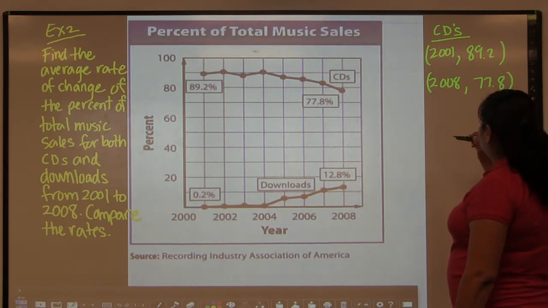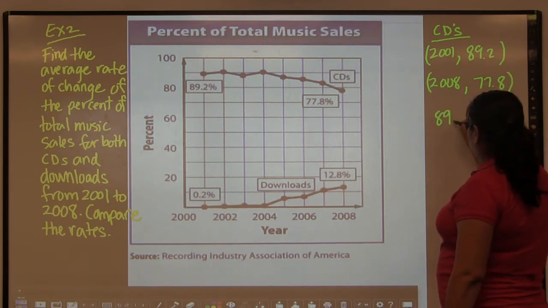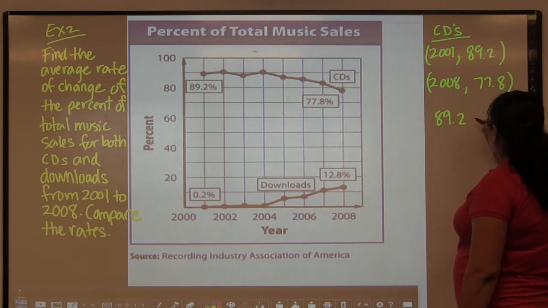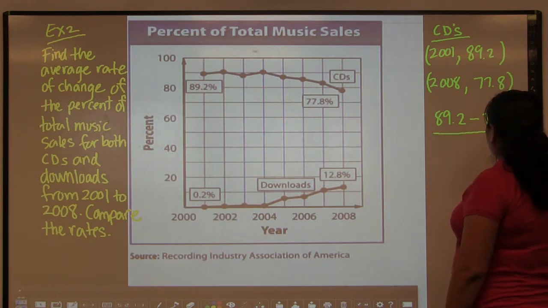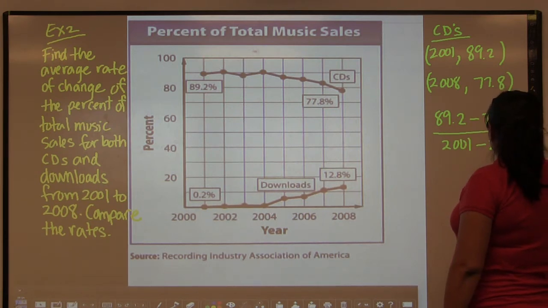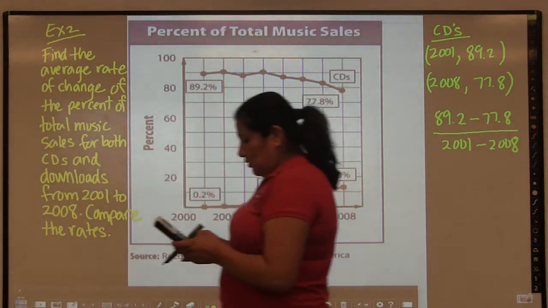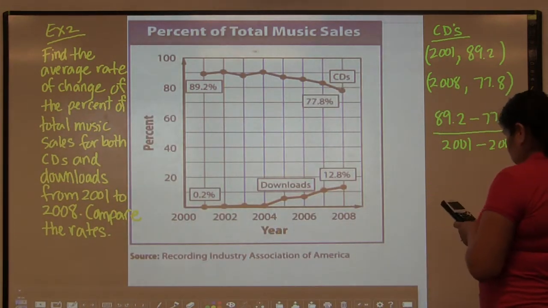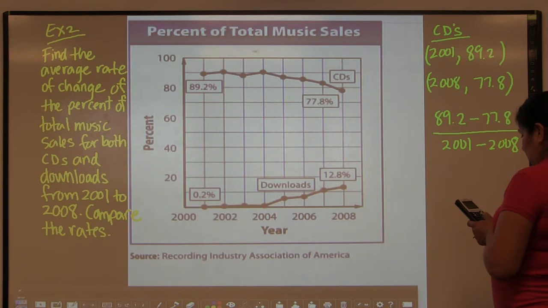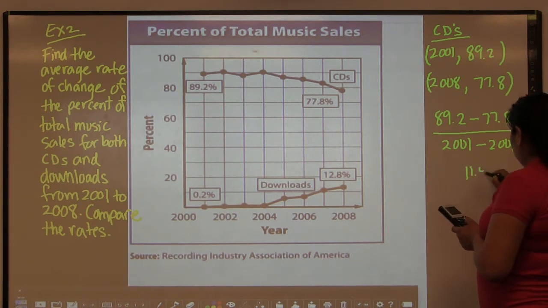We're going to take this Y value, it doesn't really matter which one, but again, stay consistent, 89.2, and subtract 77.8, and I'm going to divide that by 2001 minus 2008. And again, we go to my trusty little calculator, he's so cool. 89.2 minus 77.8 is 11.4.